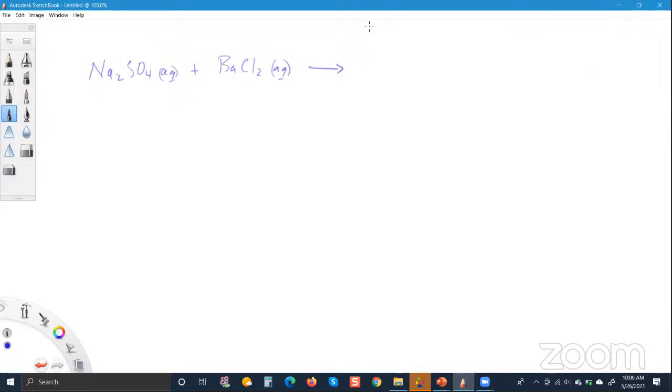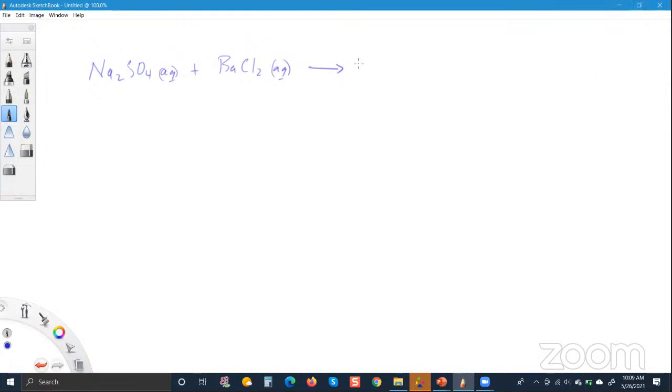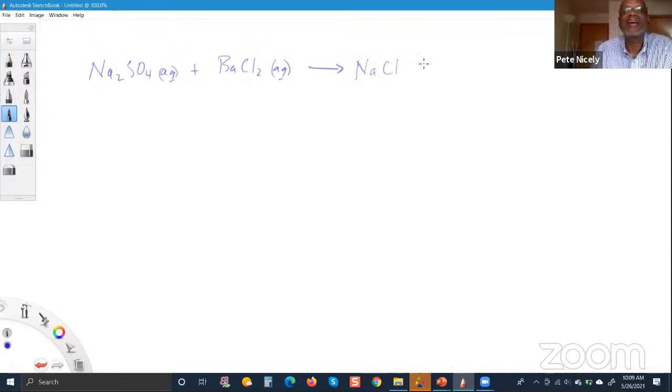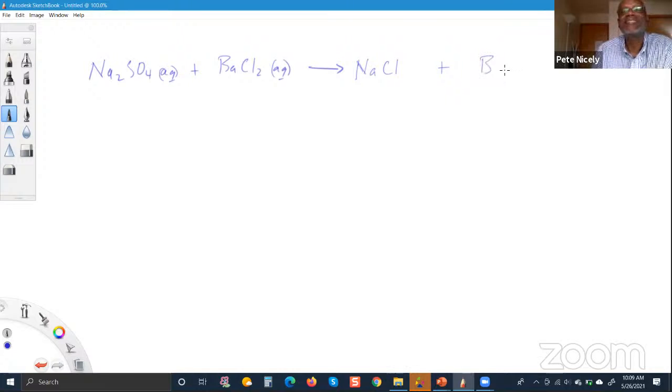Sodium chloride and barium sulfate. Okay, so the formula for sodium chloride is? NaCl. And the formula for barium sulfate is? Ba2SO4. Not quite. What's the charge on the barium ion?